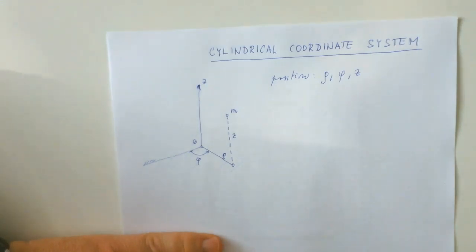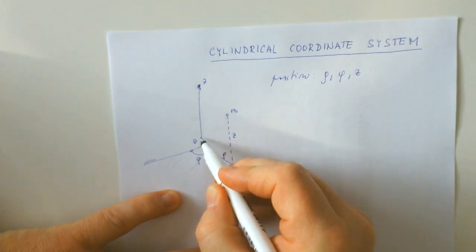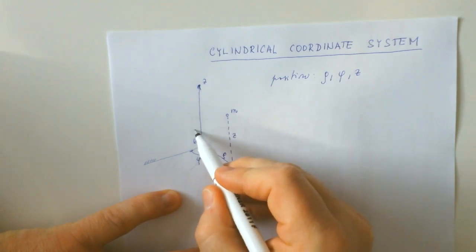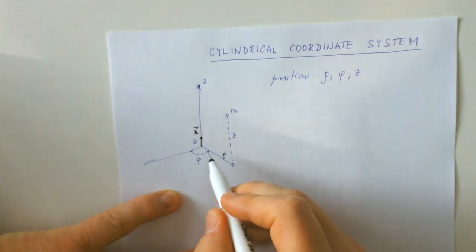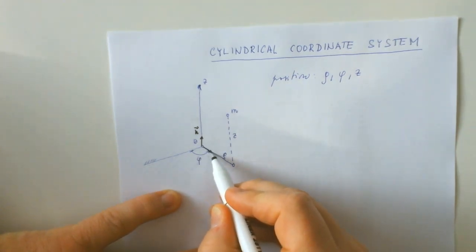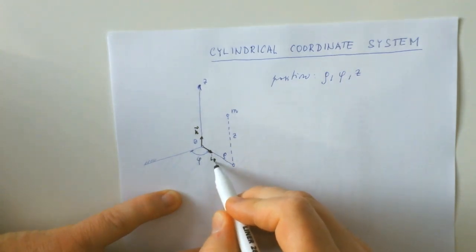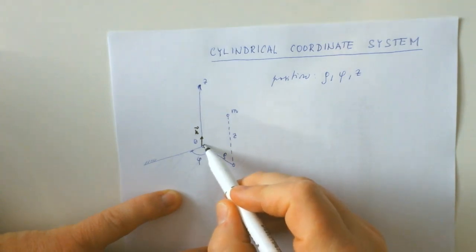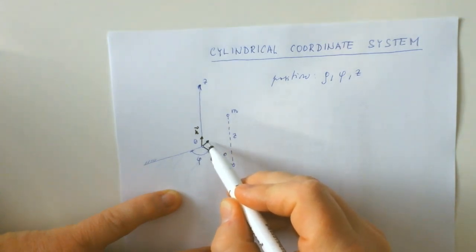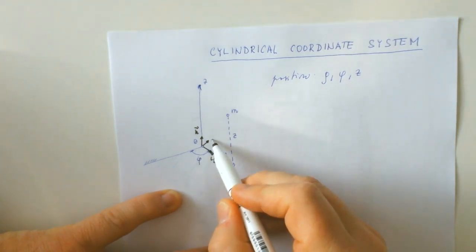This system has base vectors. The base vector of the z-axis is k, the base vector of the rho axis follows the rho direction and it is I rho, and there is another coordinate vector of the coordinate axis, I phi.